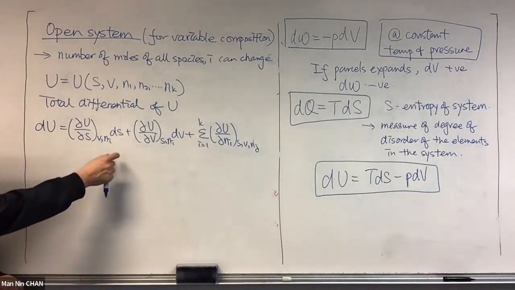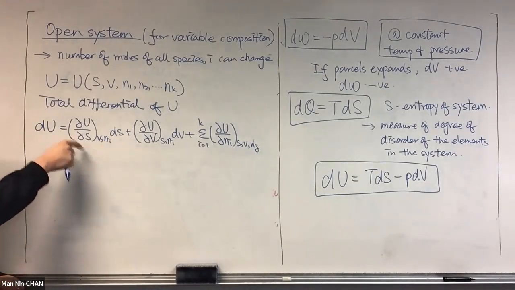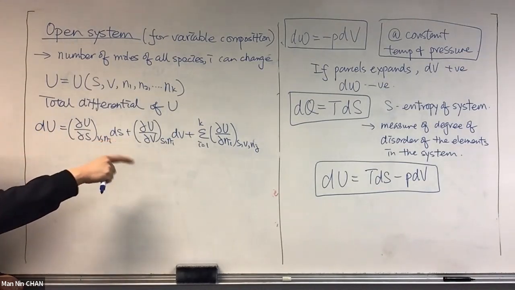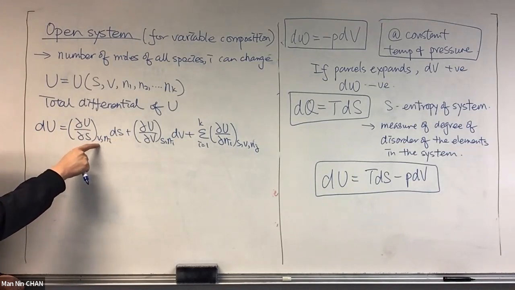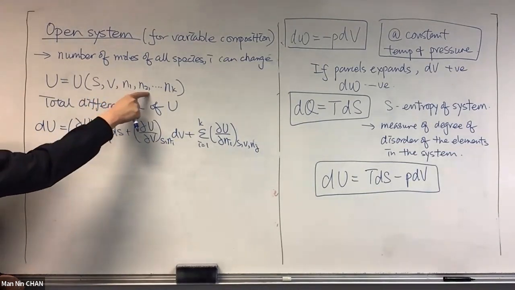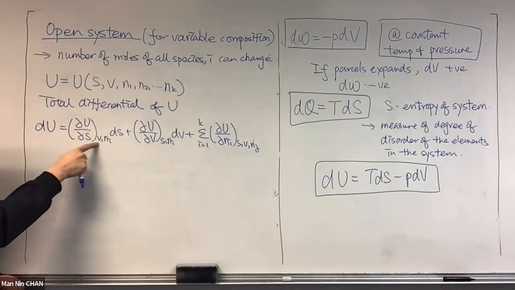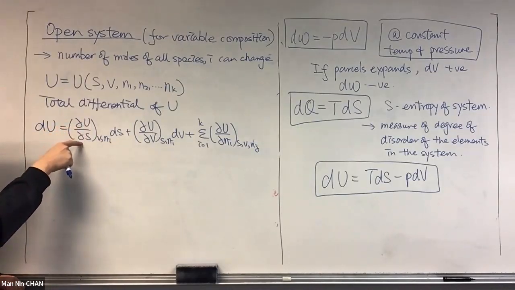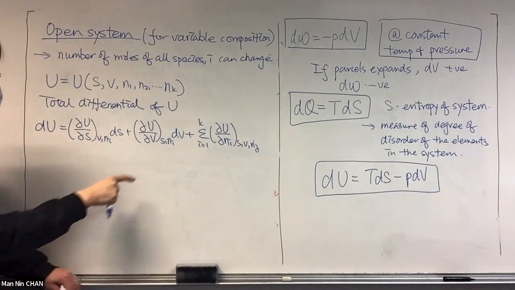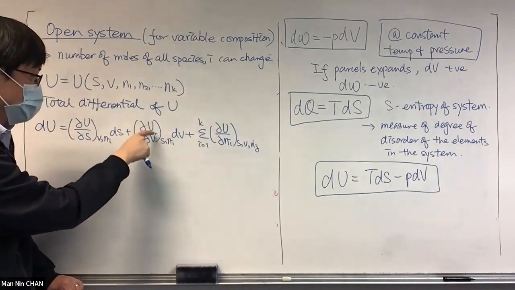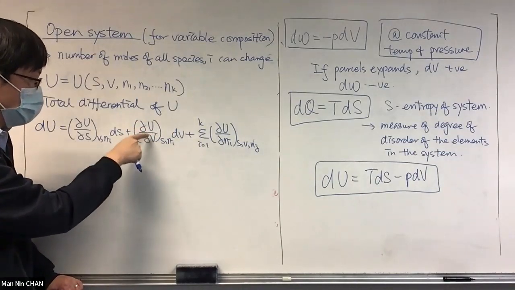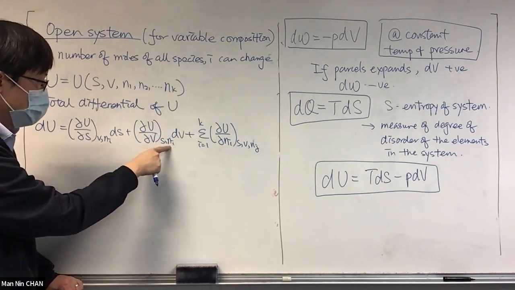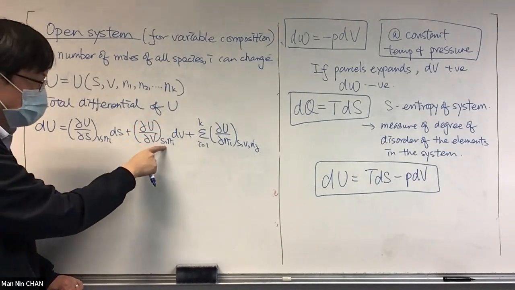If you remember, you just look at how the change of your entropy affects your internal energy, while holding the volume and the composition constant. And this one, you look at how the internal energy changes with your volume, holding your entropy and the composition the same.